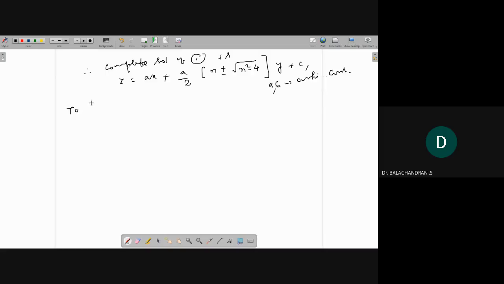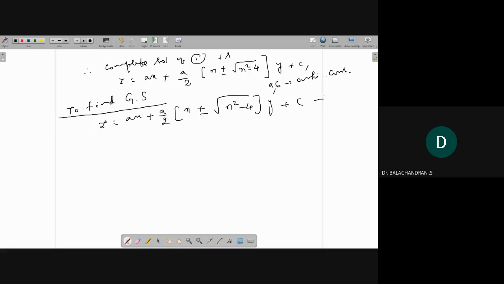Now we need to find the general solution. To find the general solution, first you should write the complete solution of equation 1. So what is the complete solution? z equal to ax plus a by 2 into n plus or minus root of n square minus 4 into y plus c. Let us take this as equation 2.